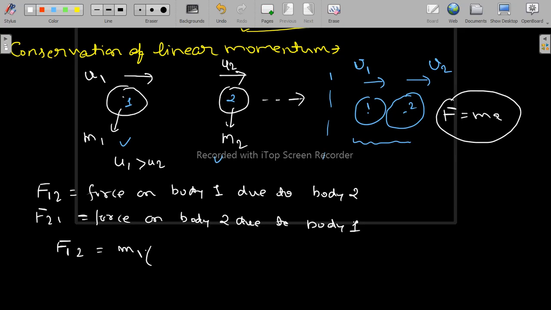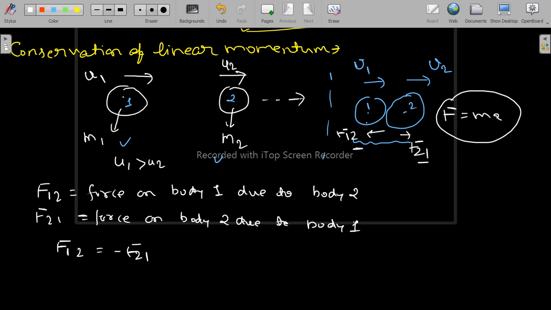This force F12 is one force, and the second force is F21 with a minus sign, because F12 is applied on object 1 due to object 2, and F21 is on the second object due to the first object.